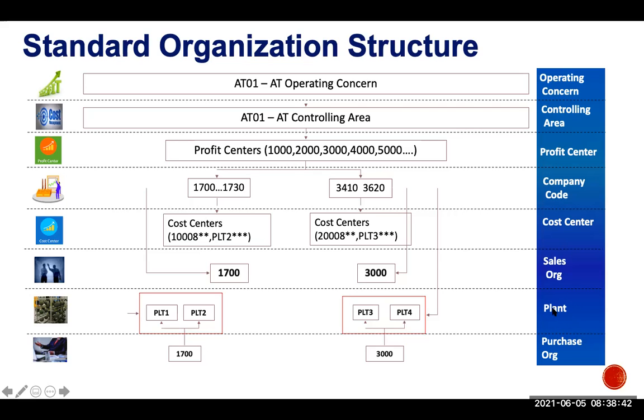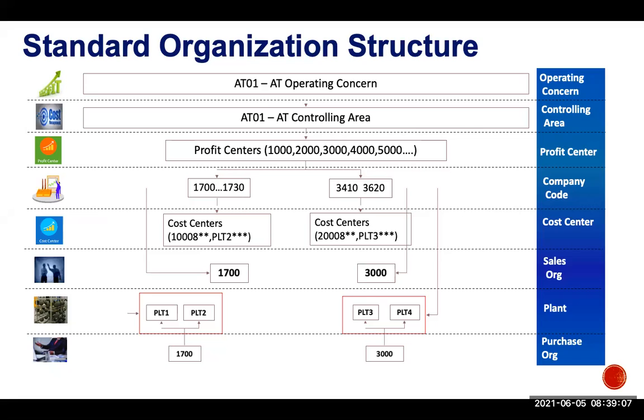There again, one more element on the logistics side called purchase org, because the procurement is huge in the manufacturing industries or even trading business. Purchasing is another big area of your business transactions. So SAP handles that as a separate module.